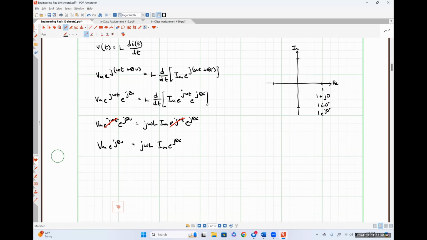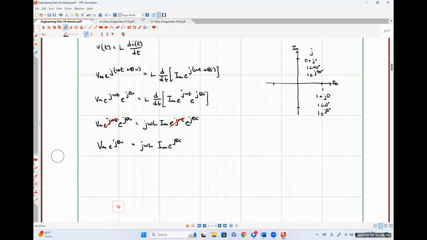We could do something similar if we went 1 unit up in the imaginary direction. So we would normally call that just j, but we could also call that 0 plus j1, or 1 angle positive 90 degrees, or 1e to the j 90 degrees.